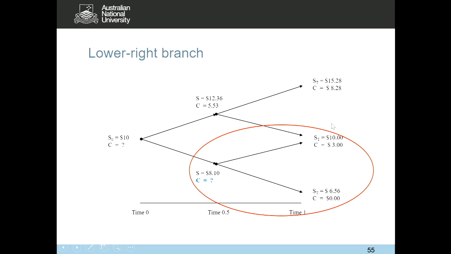If that's the case, my call option would make a payoff of $3. Alternatively, there's a 49.46% chance the share price will go down. If the share price goes down, that would go down to $6.56. If that's the case, my call option finishes out of the money, right? So if my call option finishes out of the money, that would make a payoff of 0. So I simply walk away from this worthless call option.